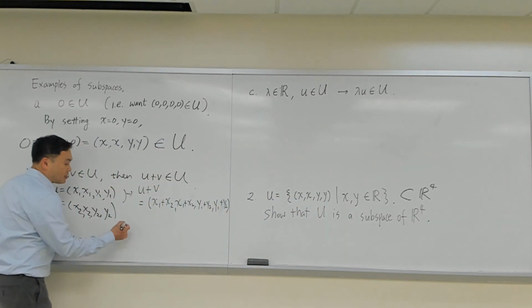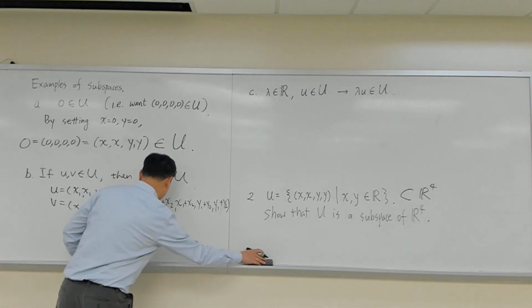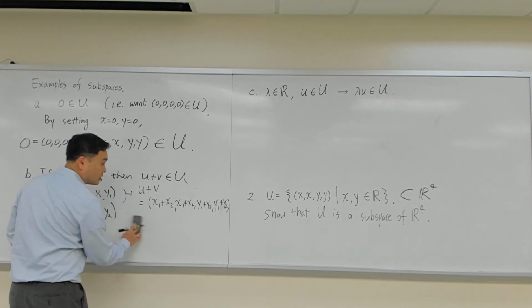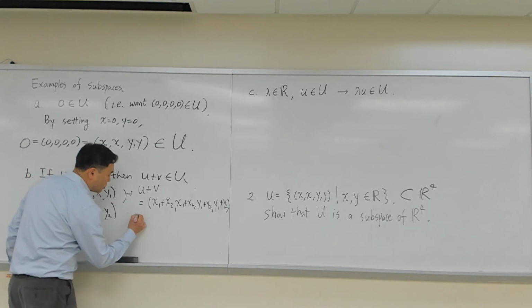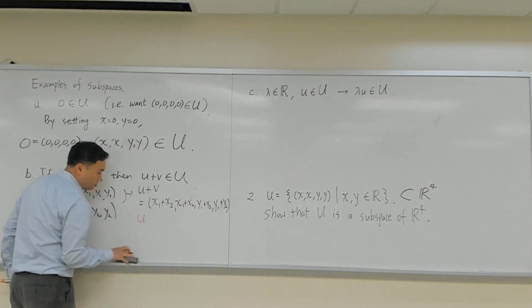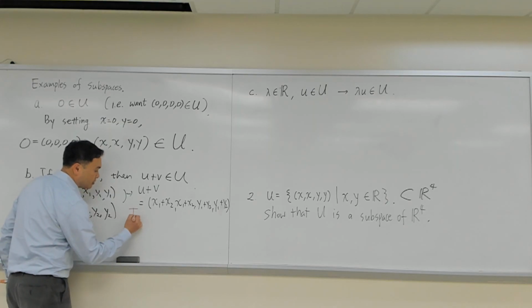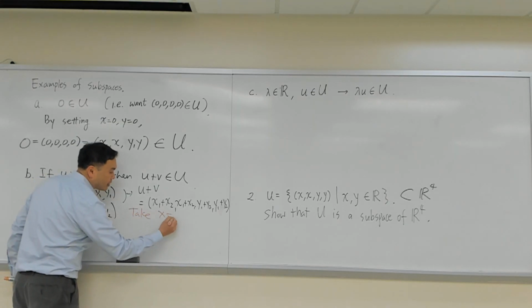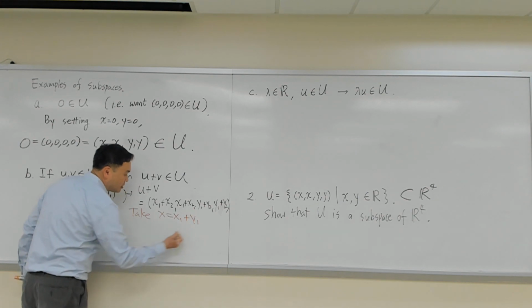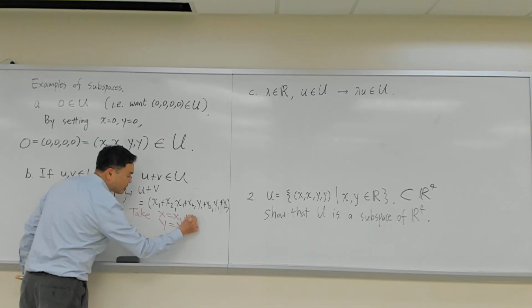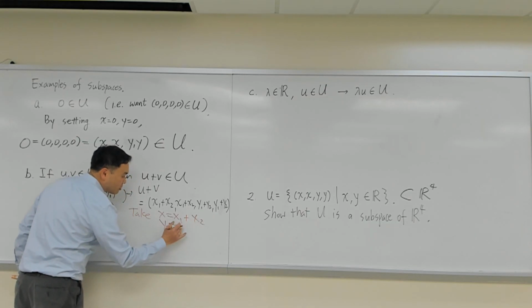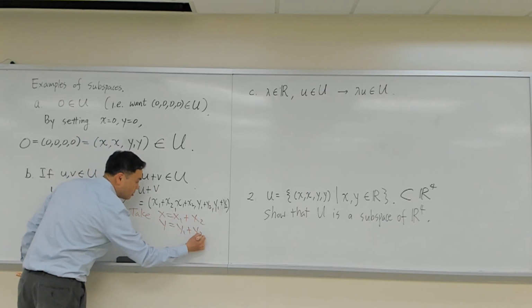So we take, well, let me give a different color. Use red. So we take x as x1 plus x2 and y as y1 plus y2.